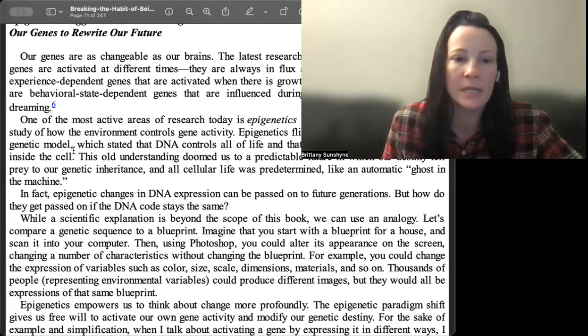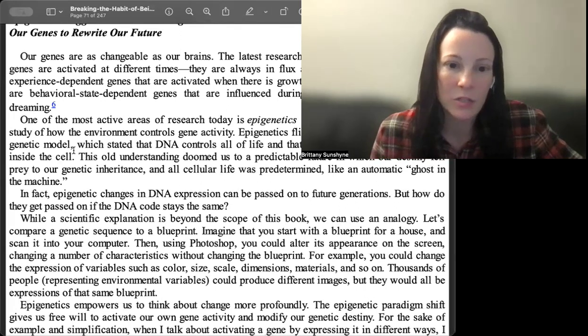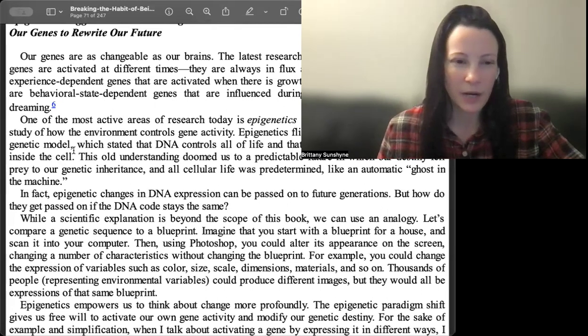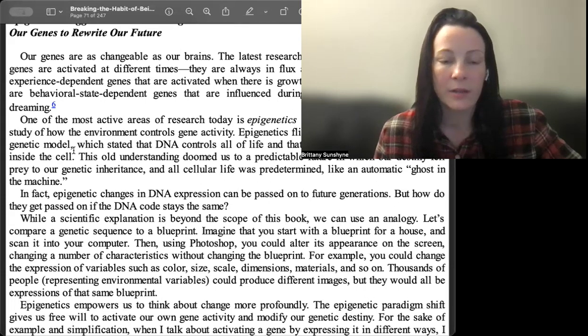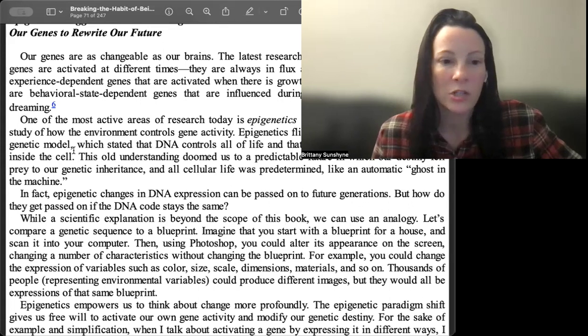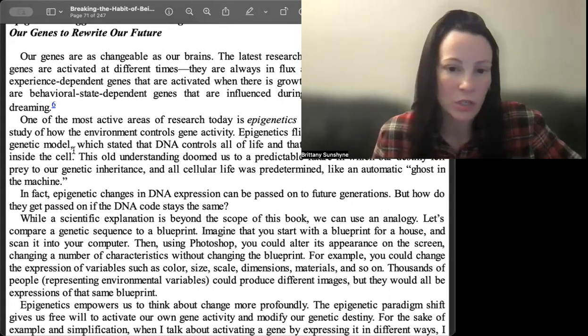In fact, epigenetic changes in DNA expression can be passed on to future generations, but how do they get passed on if the DNA code stays the same? While a scientific explanation is beyond the scope of this book, we can use an analogy. Let's compare a genetic sequence to a blueprint. Imagine that you start with a blueprint for a house and scan it into your computer. Then, using Photoshop, you could alter its appearance on the screen, changing a number of characteristics without changing the blueprint.